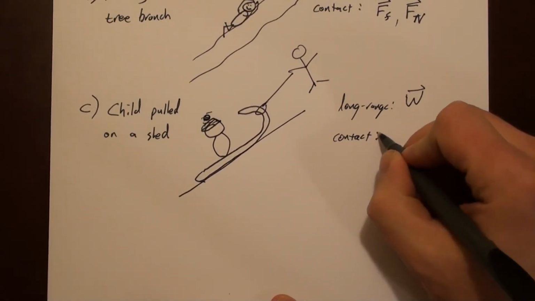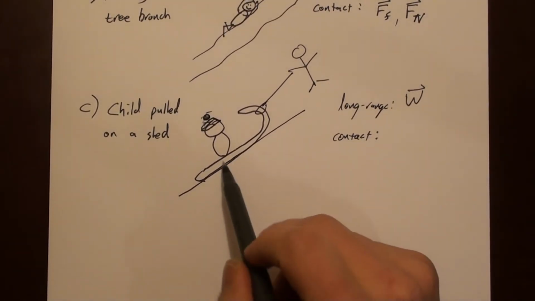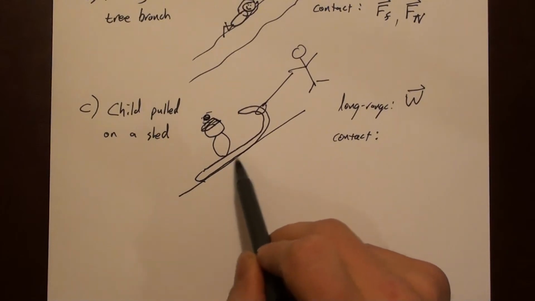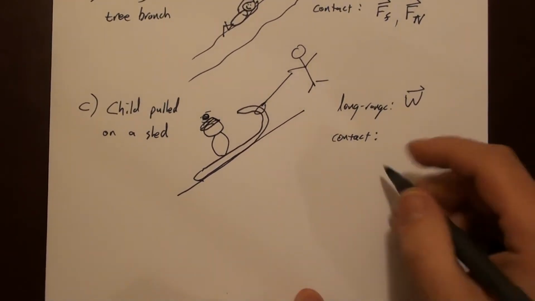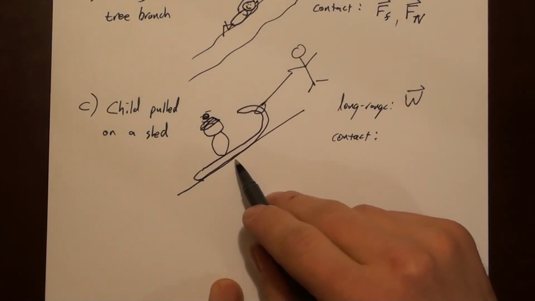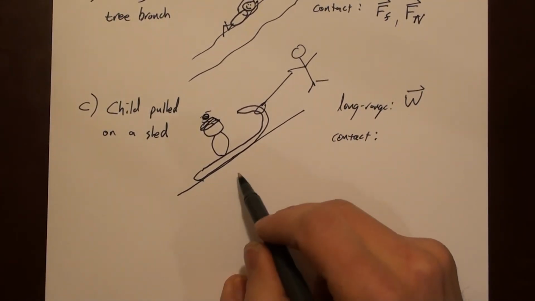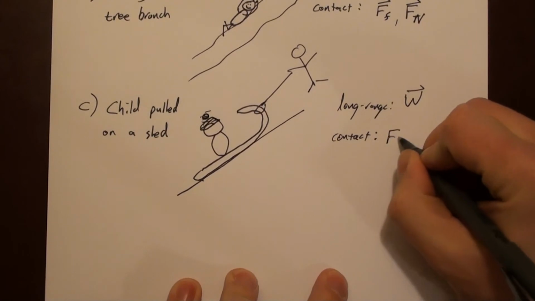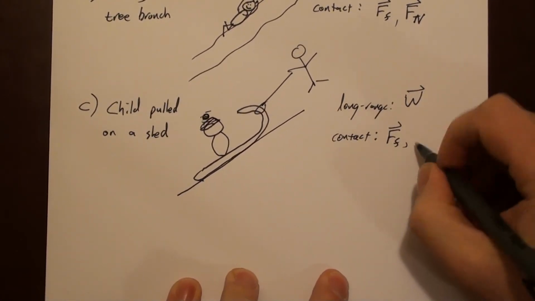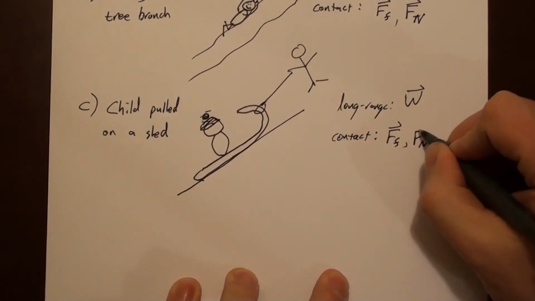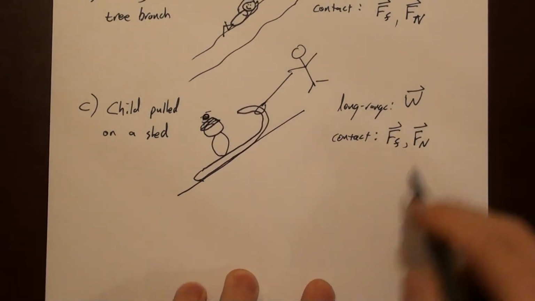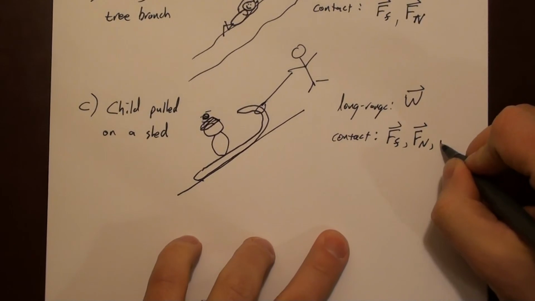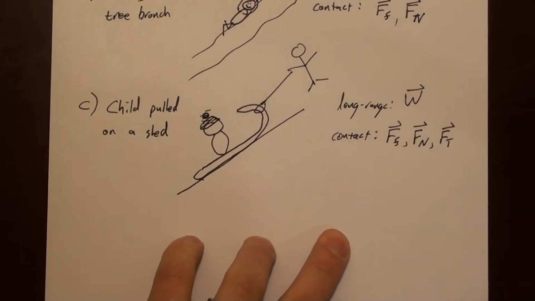Okay, so looks like the sled is touching this inclined plane, right? So we have two contact forces there. One is friction maybe, and one is the normal force. So say F sub friction and F sub N. And we also have this rope pulling him up the incline, so we also have a tension. We'll call it F sub T.